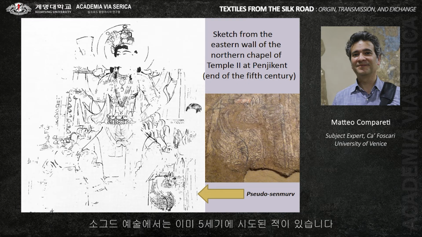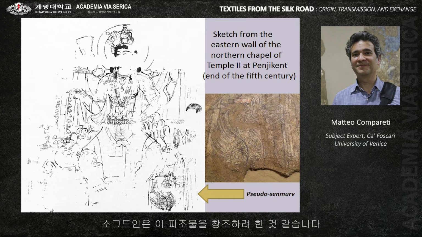Now, in Sogdian art, we have possibly an attempt already in the 5th century, like in this painting I'm showing you in this slide, to combine this creature, this so-called pseudo-Simurgh, which we should consider a personification of Farn, glory, with a dog face and wings.